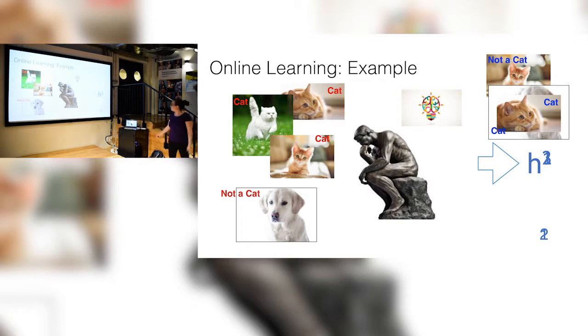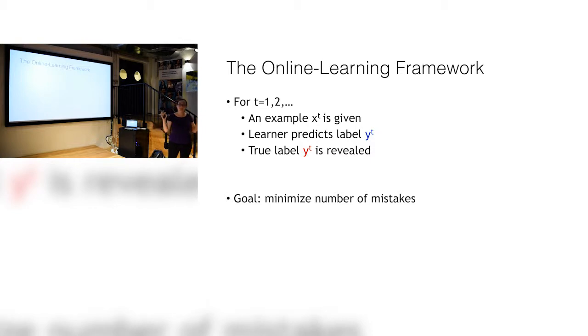And then we have another hypothesis, and again we label it, and so on. So let's be a bit more formal. What is the online learning framework that we have just seen? We are getting examples one by one, and after each example is given, we are supposed to return some label for it.